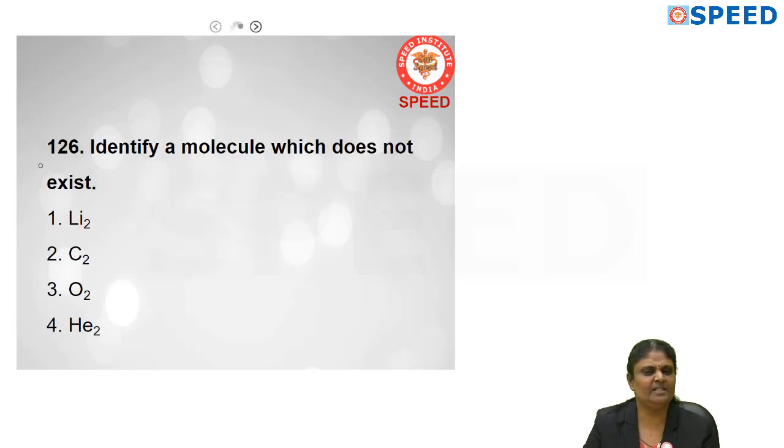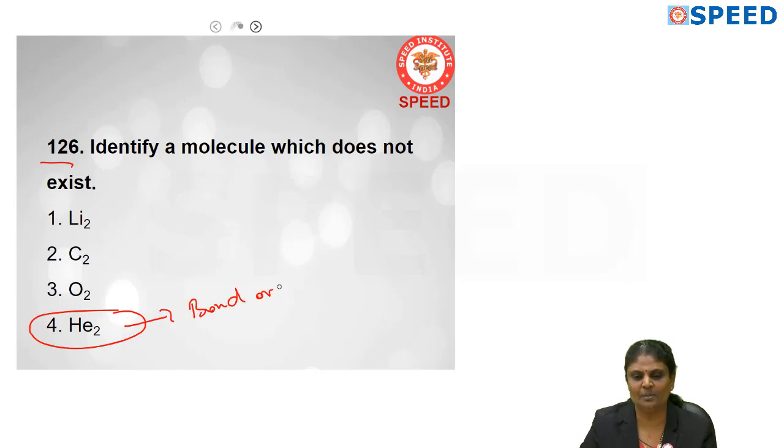And then the 126th question. Identify a molecule which does not exist. This is also something you studied in your 12th standard. So one explanation is that the bond order is equal to 0, so it does not exist. And helium is in the 18th group of the p block.